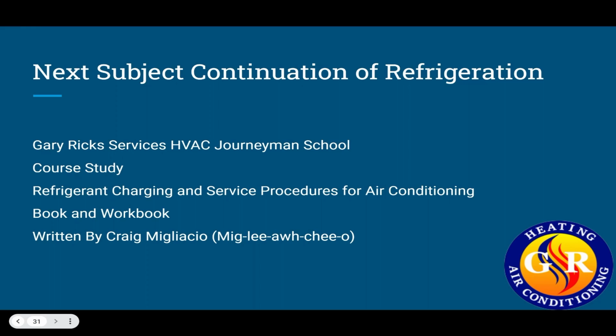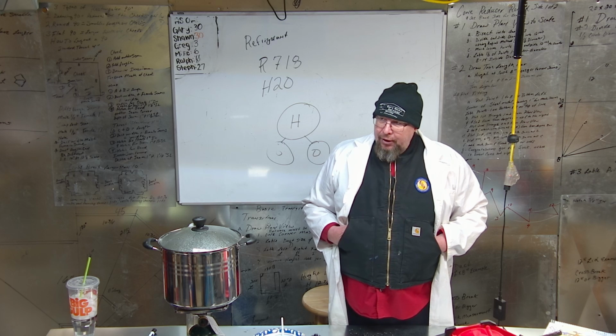Craig Migliaccio. I had to subcategorize his last name so I could read it and pronounce it. But I think he did a fine job with this book. I've read it like 4 times now. It's good. It helps me. It can help you.